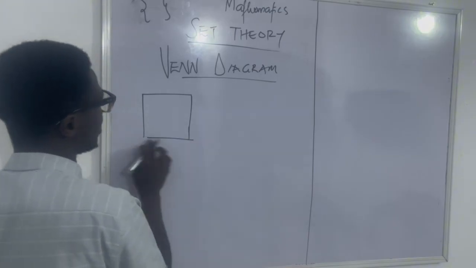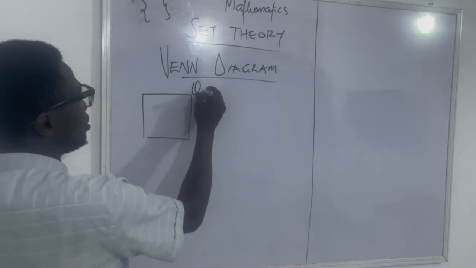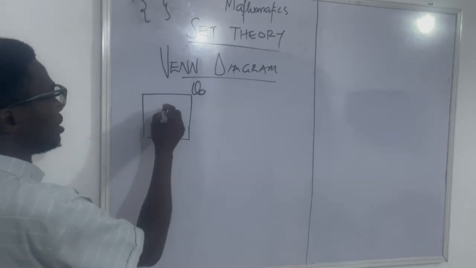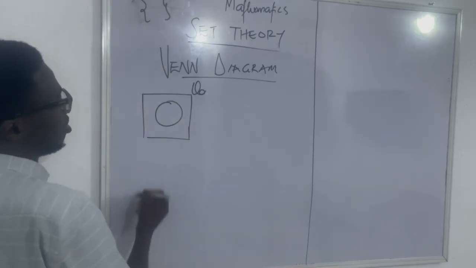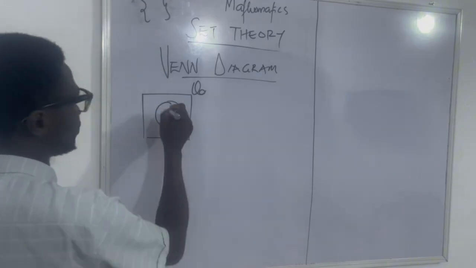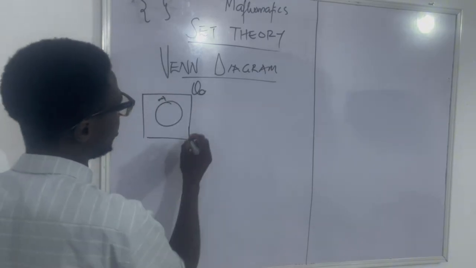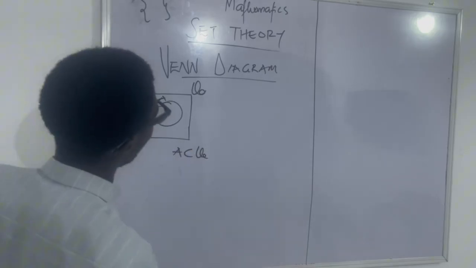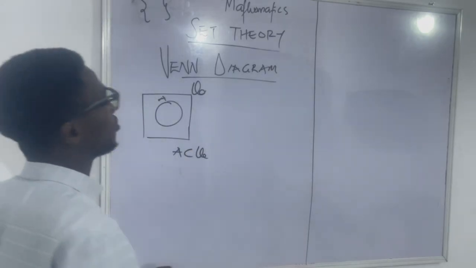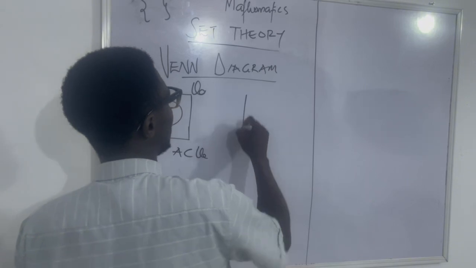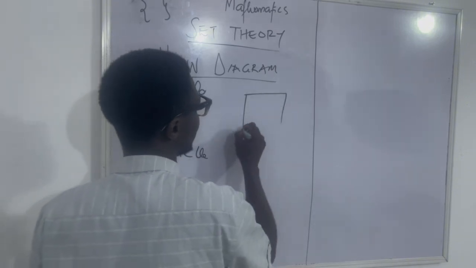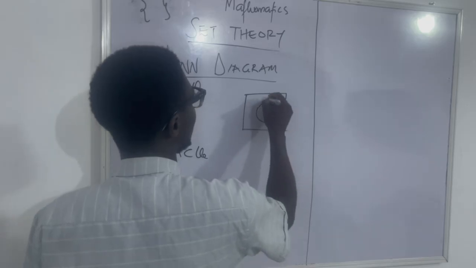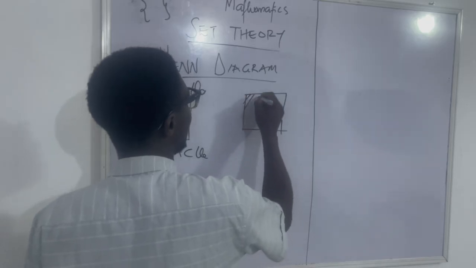Now, this shows the universal set. And let's say we have this A. So this shows that A is a subset of the universal set. Now let's say we have this A, and here is shaded.